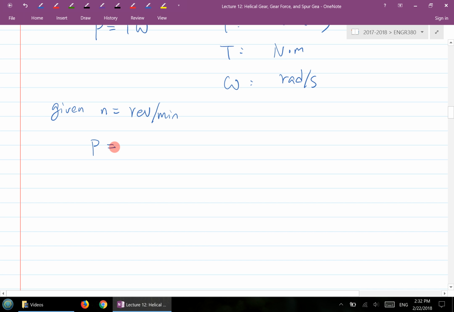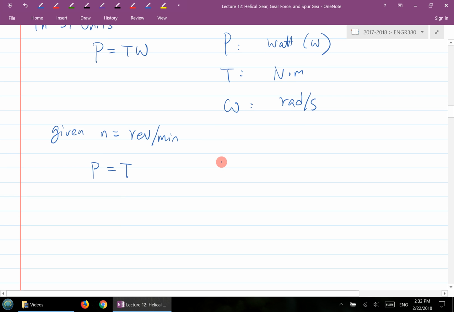We still use T times ω, but right now this is N here, in rpm. So we need to convert revolutions per minute to radians per second. It's very easy. One revolution is 2π radians, and one minute is 60 seconds. So you can just use T times 2π over 60, and that gives you this conversion.